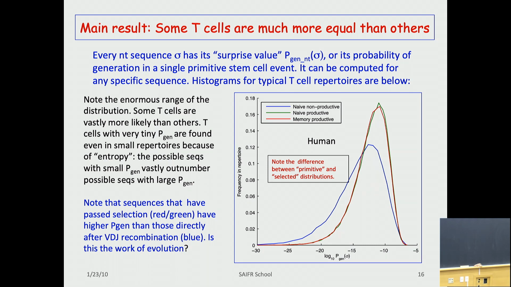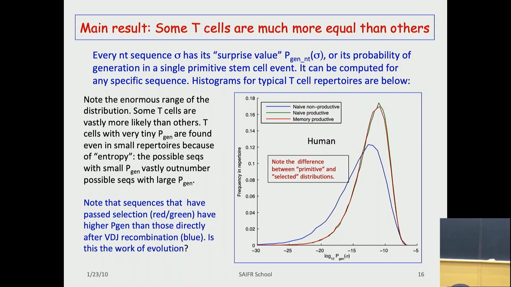There is another curve here. The other curve is, what does this distribution of generative probabilities look like if I take the sequences that are productive? In my blood sample, as I explained, the productive sequences are describing the actual presented T-cell receptors.